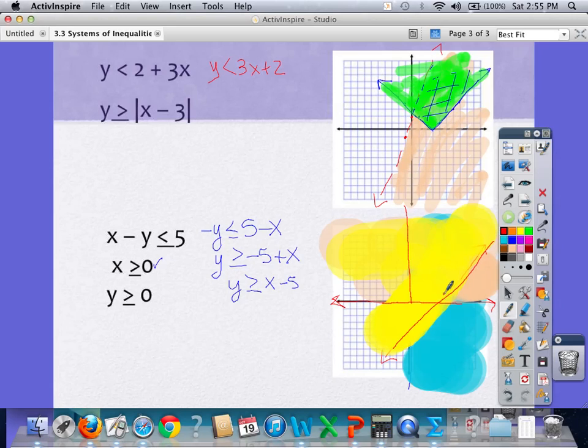So it's going to be all these things in this section right here. Okay? Because it's above the y, it's to the right of the x, and it's above this line that I just drew right here. Okay? This is your solution.